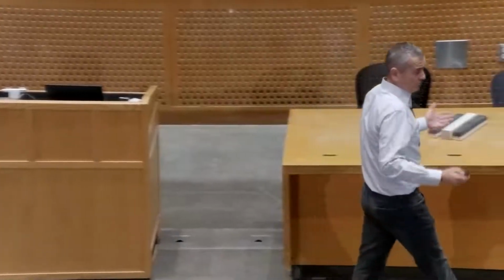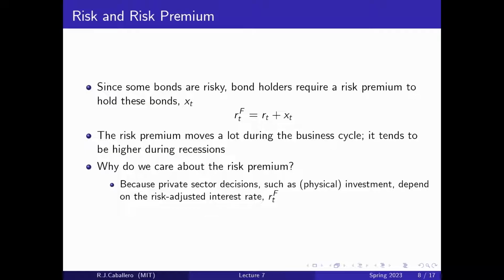But the US, in terms of liquidity and everything, is the premier safe asset in the world. But most corporations don't issue at those rates. They have to pay a premium because they're not as safe as the Treasury instrument. So let me call the real interest rate paid by bonds issued by firms, on average, equal to the safe real interest rate plus a premium, X T. Okay?